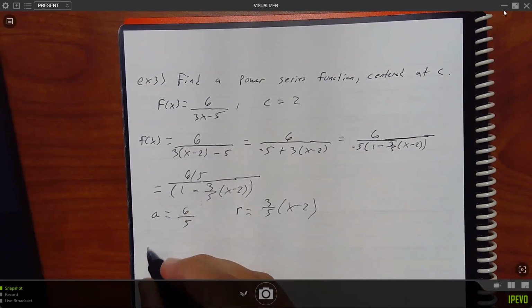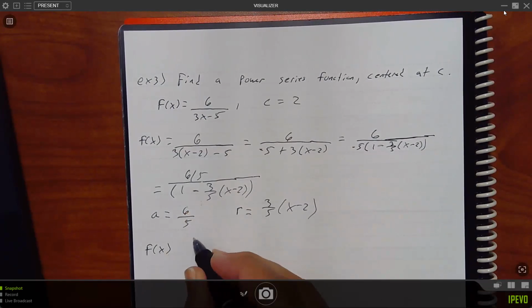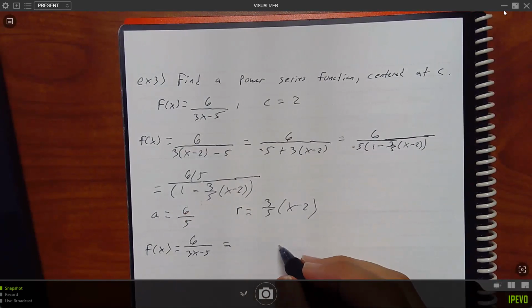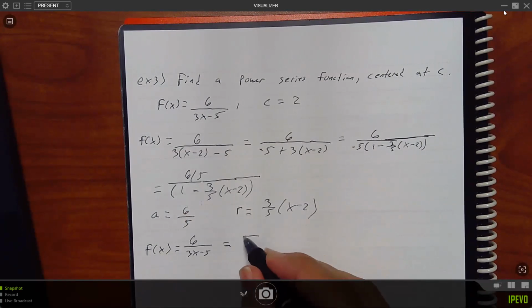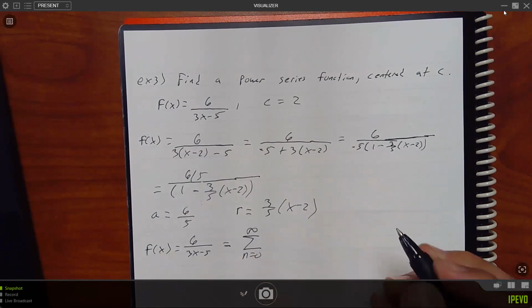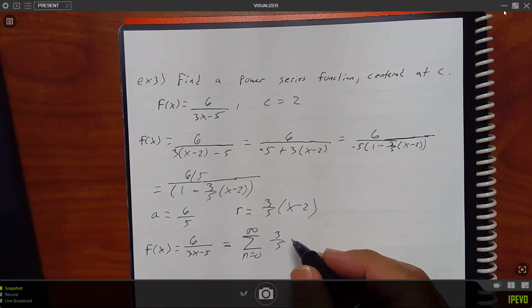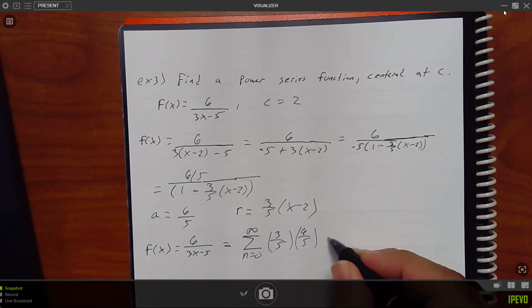So f of x as a series will be a series n equals 0 to infinity of 6/5. Forgot about that.